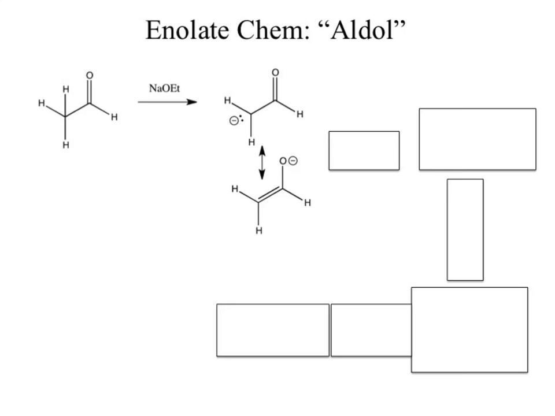Why is the hydrogen that was removed in this case the most acidic hydrogen? There's resonance stabilization. That resonance stabilization gets us to the enolate, or enol, depending on what you're looking at. In this case, it's the enolate. That resonance stabilization allows this to occur.